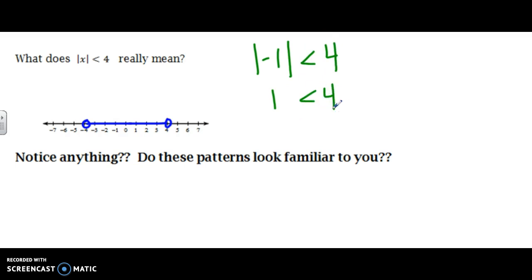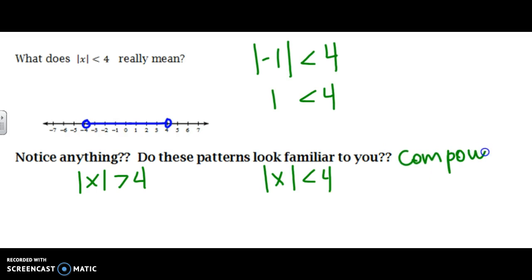You can test any number in there. If you're looking for a pattern, both of these, whether it's the absolute value of x greater than 4 or the absolute value of x less than 4, definitely look a lot like those inequality graphs that we were dealing with in class on Thursday. So these look like compound inequalities joining two things.